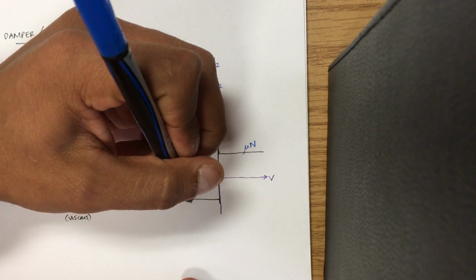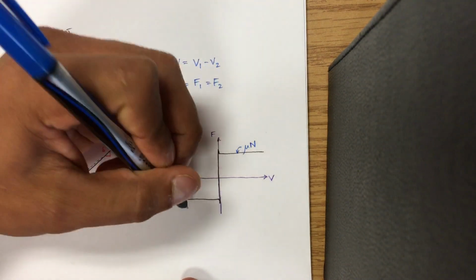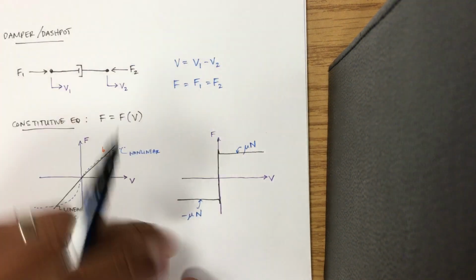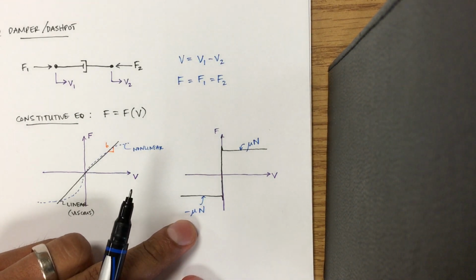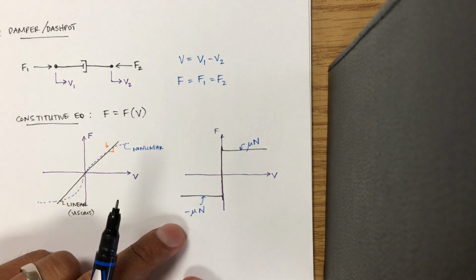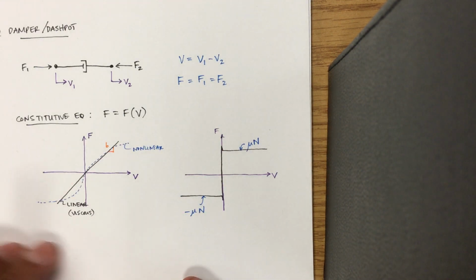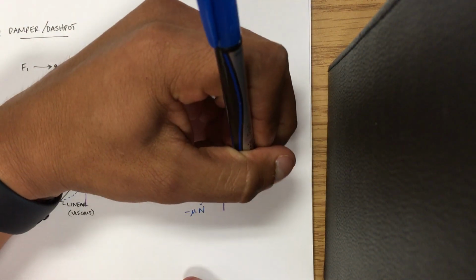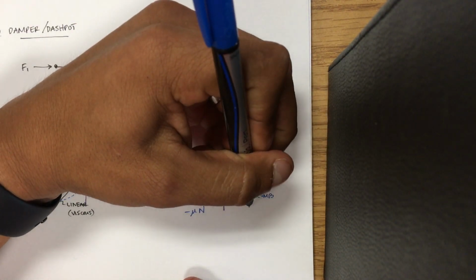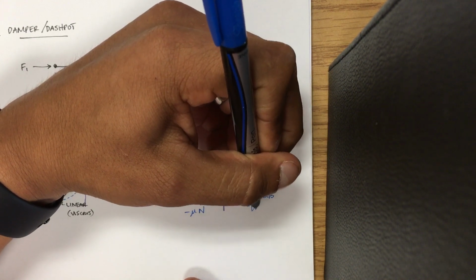And down here this would be just negative mu N. And mu here would be your coefficient of friction. Now this relationship between F and V is true for Coulomb friction, specifically we can say dry friction.